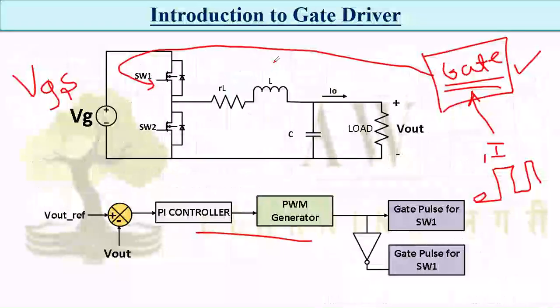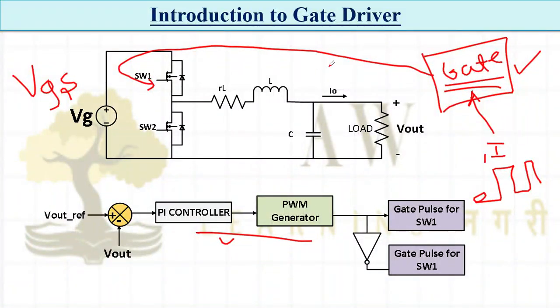In the previous slide I told you the same thing: we generate the 1 0 pulses from our controller, and we cannot give this to our switches, so we need something which will amplify my signal, and then I can give it to the switch.